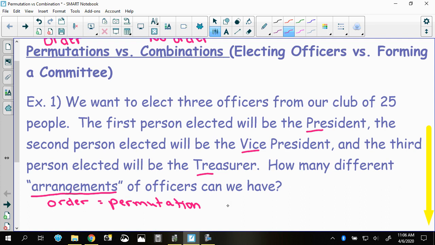So N, like I said yesterday, represents the total, and R represents the number we're selecting. So we're doing 25P3.